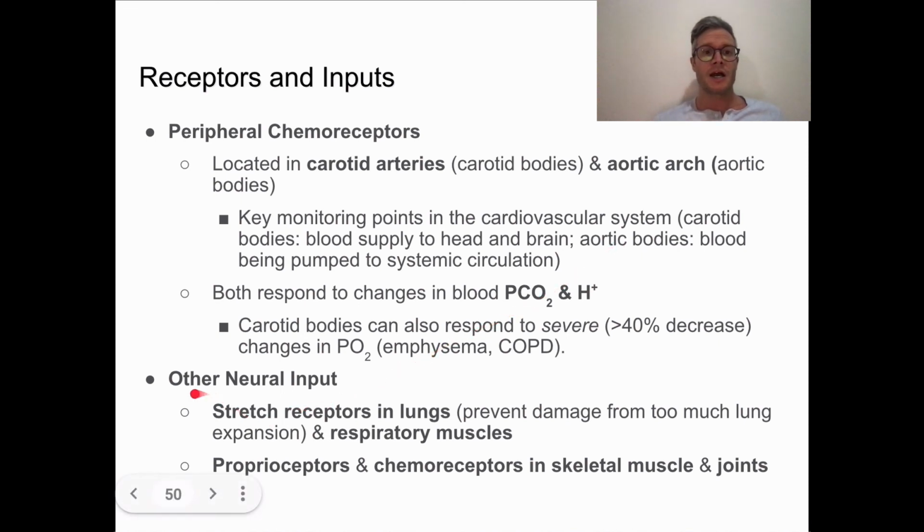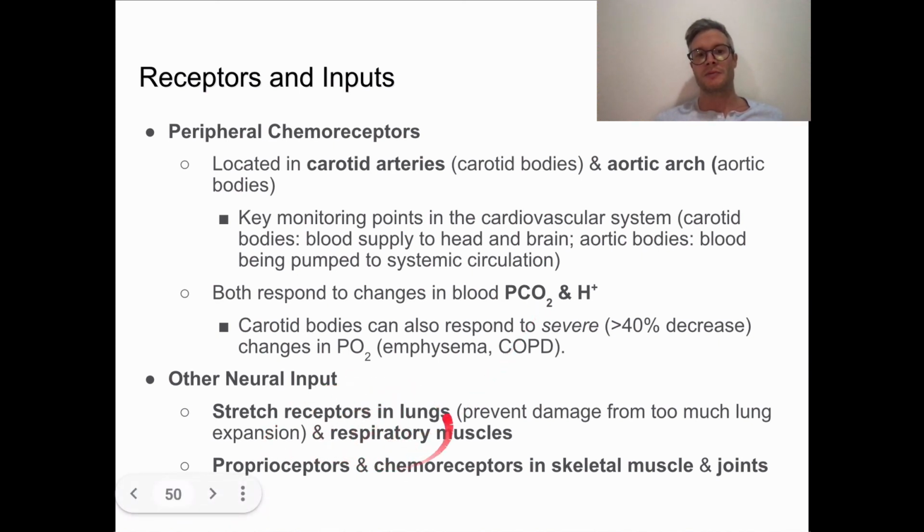Okay. We do have some other neural input, as I mentioned before. So stretch receptors in our lungs. We have some in our muscles. We have proprioceptors, which we'll speak to more when we do neuro, in our joints and tendons. So again, we have more cues and drivers of our ventilatory responses from byproducts that typically occur because of exercise.